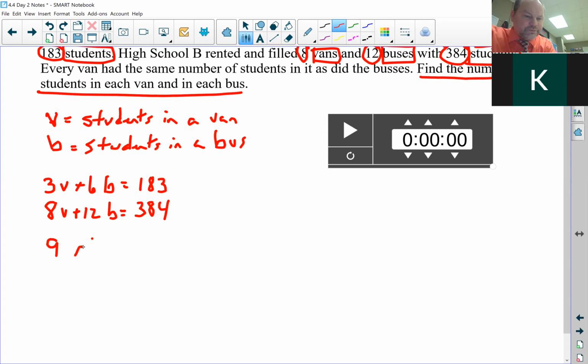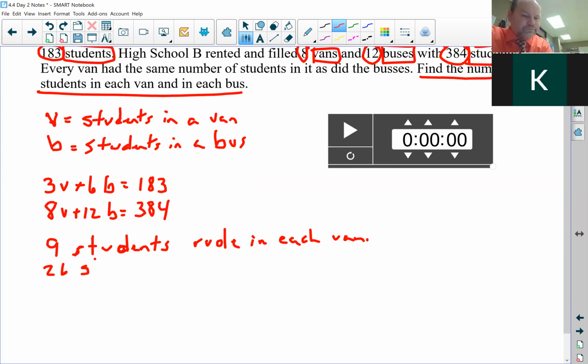Nine students rode in each van. And 26 students rode in each bus.